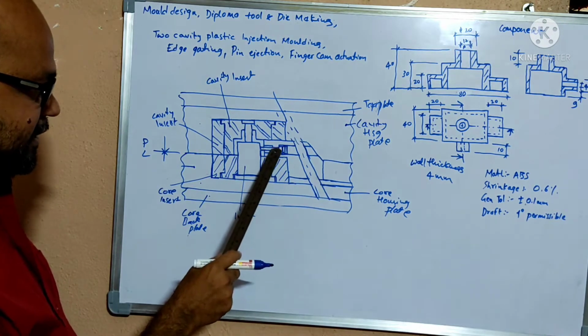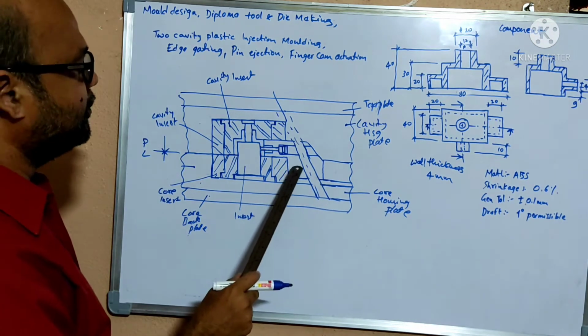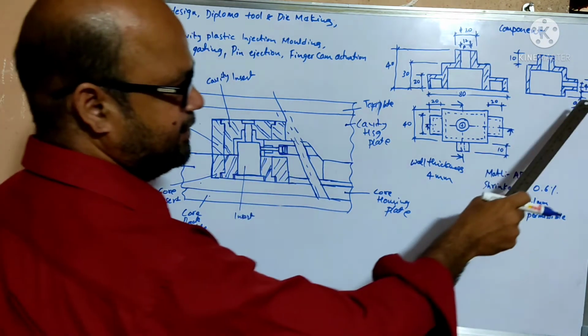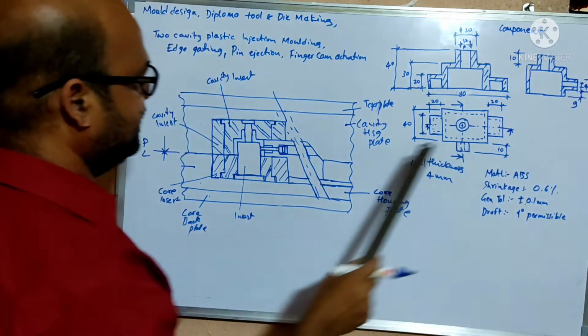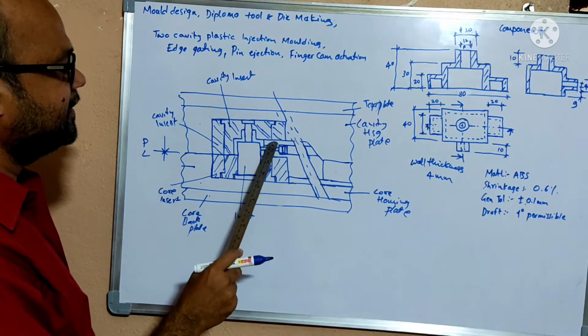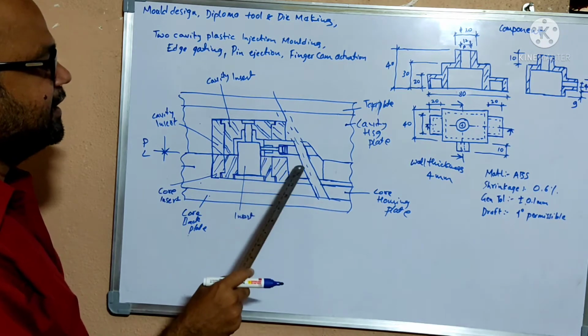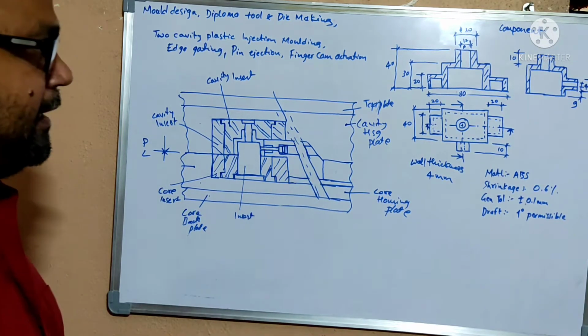By this pin you will get this hole, and at the same time the side core has a depression of diameter 12. You are observing the depression which is machined on the face of the side core.